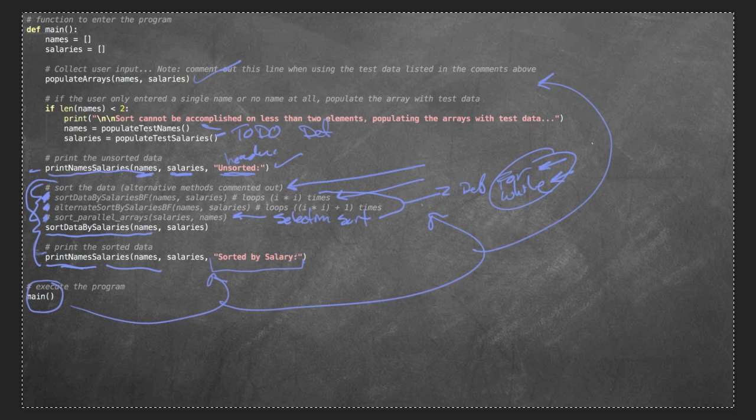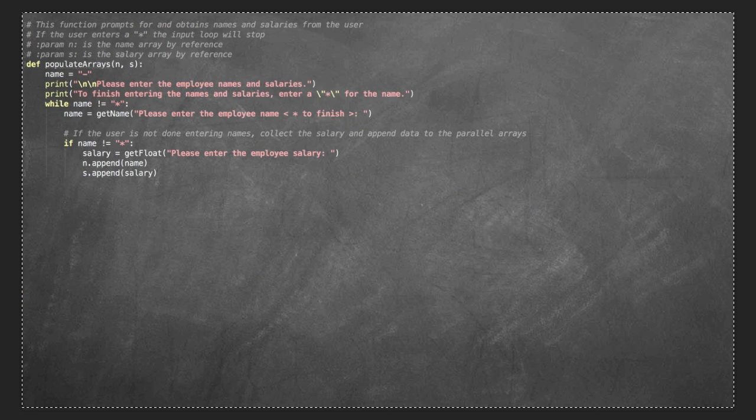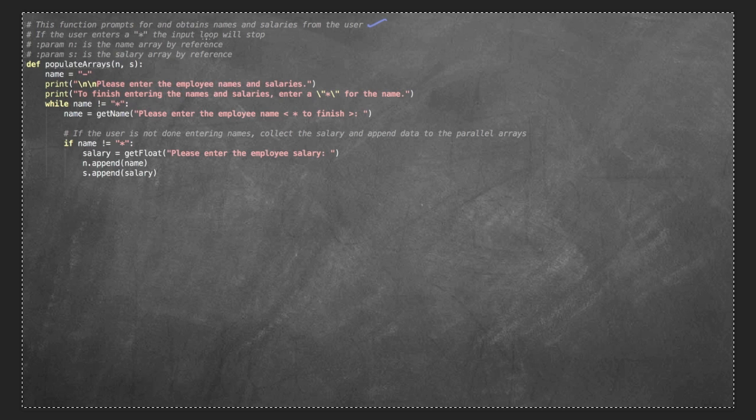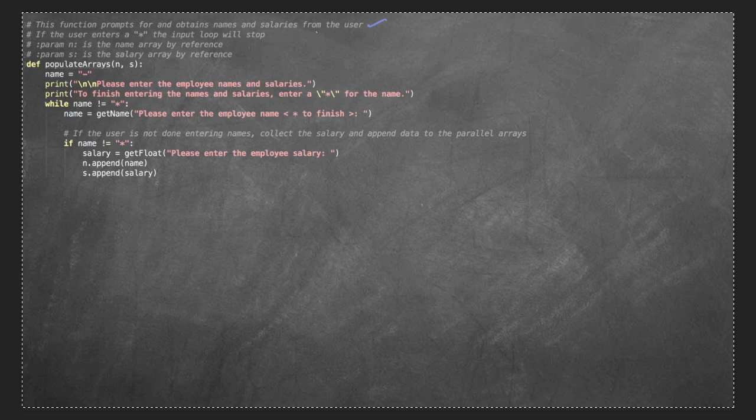So let's go ahead and take a minute and let's look at populate arrays, names, and salaries. Here is my populate arrays function, and as you see, I created comments. It basically says that this function prompts for and obtains names and salaries from the user.